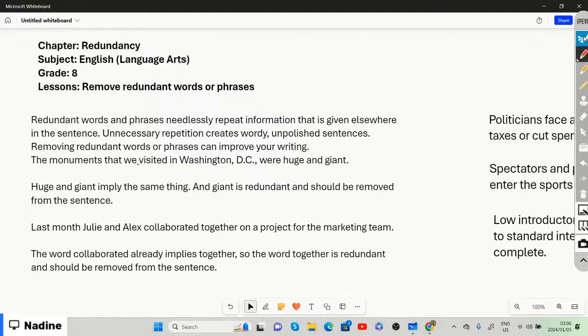And usually when words are repeated, it's an unnecessary repetition of certain words. So redundant words and phrases once again needlessly repeat information that is given elsewhere within a sentence.